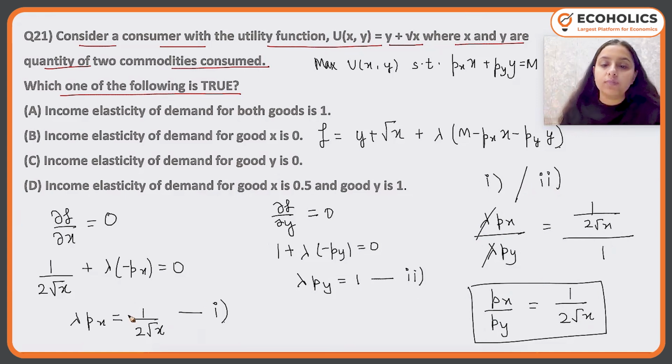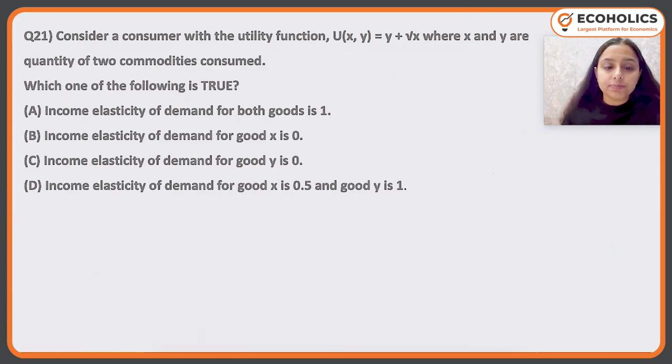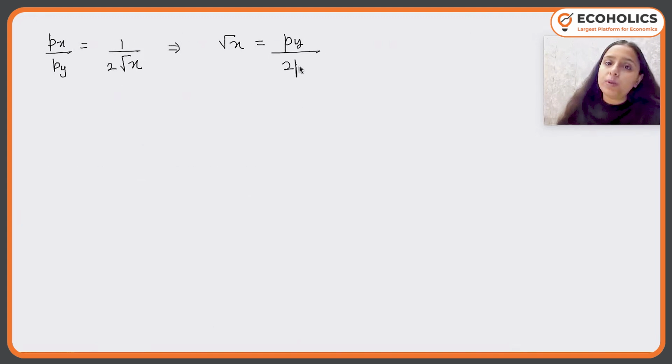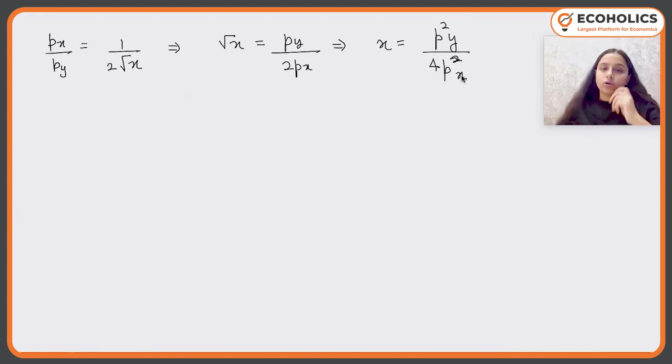From here, we got Px upon Py equals to 1 upon 2 under root x. Now this will give me under root x equals to Py upon 2Px, and this further gives me x equals to Py square upon 4Px square. Okay, this is what it is going to give me.